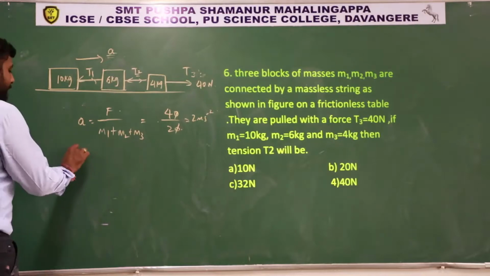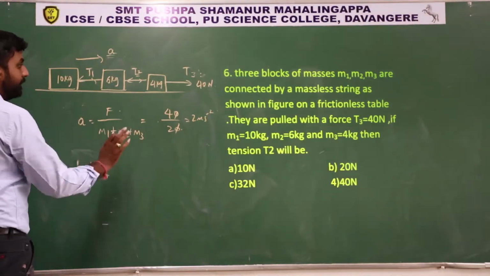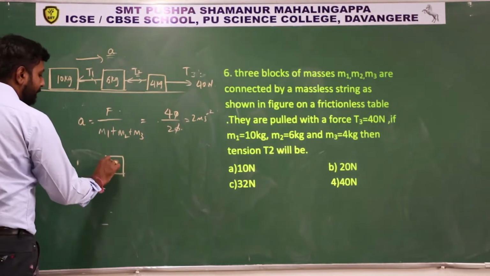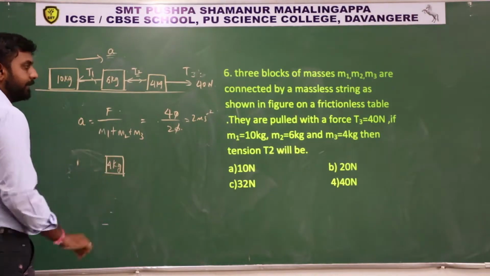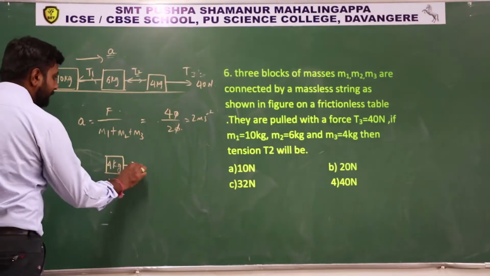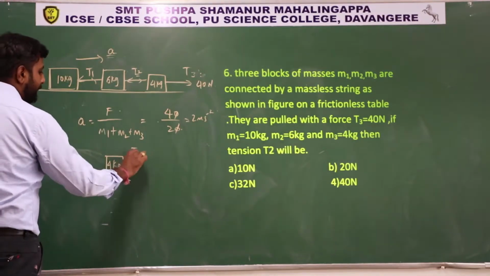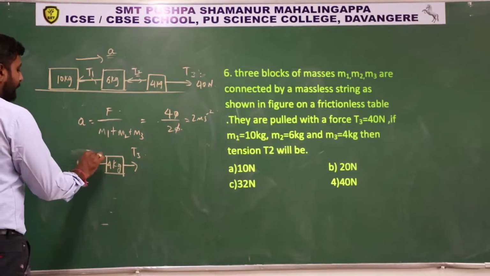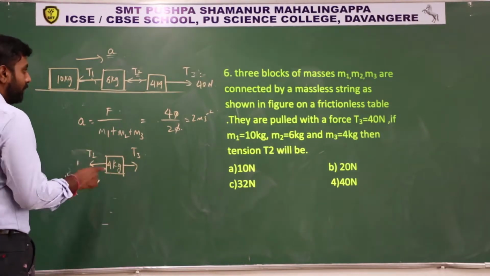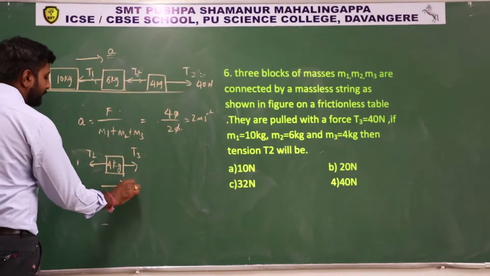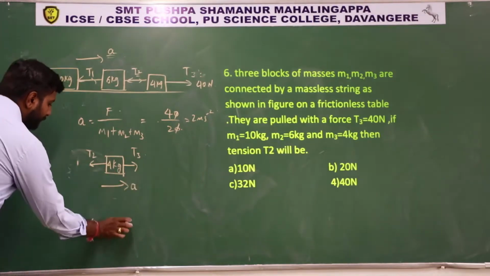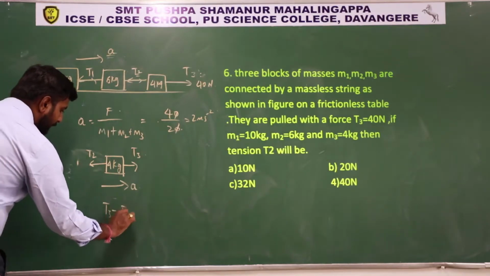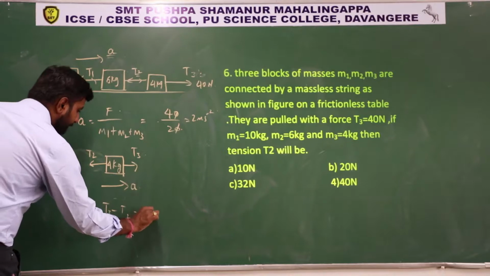Then the T3 value is given as 40, right? We have to find T2. Let us take the 4 kg mass. Draw the free body diagram of 4 kg. In this direction, which force will act? T3 is acting. And in this direction, T2 is acting. We have to find T2. The block is moving in this direction, right? Then you can write T3 minus T2 is equal to m into a.